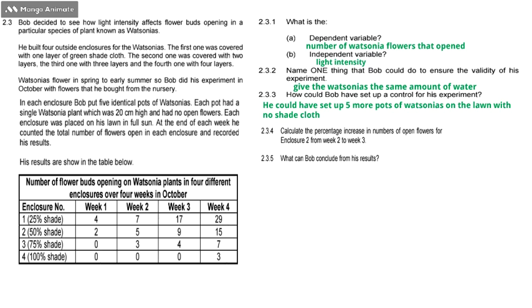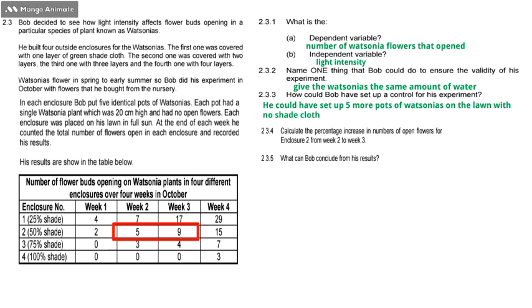We are told to calculate the percentage increase in number of open flowers for enclosure 2, from week 2 to week 3. So what we need is enclosure 2, which is 50% shade.